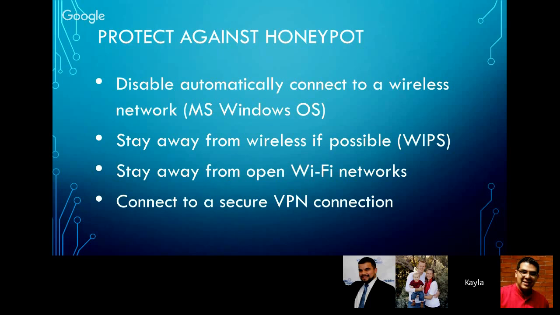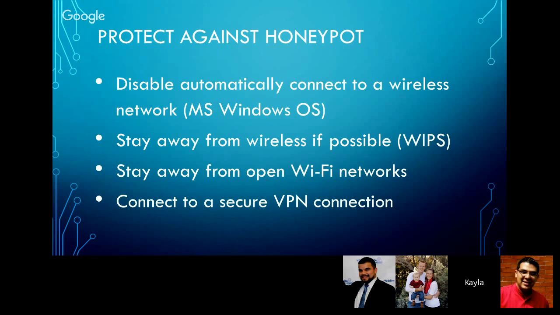The easiest way, of course, is to not use wireless if possible. But there is software and hardware you can use that is based on wireless intrusion prevention systems, and those are able to detect any rogue access points that might be occurring on your computer wirelessly.